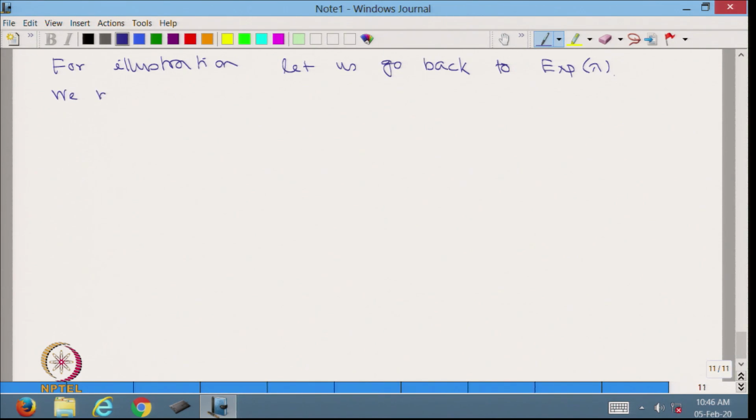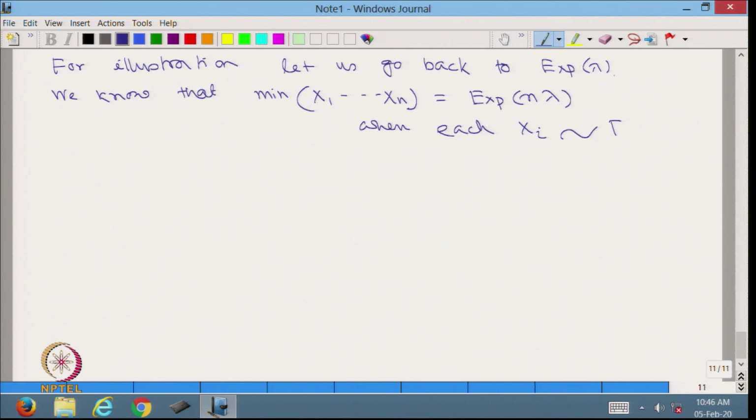We know that minimum of X1, X2, ..., Xn is distributed as exponential with n lambda when each Xi is an exponential lambda variable.